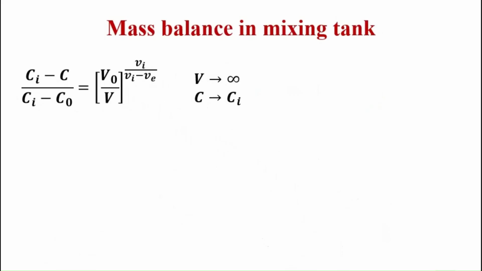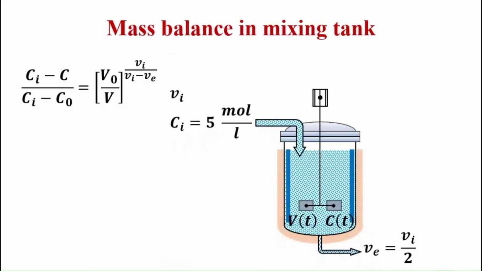However, the tank has a finite volume, and our goal is to determine the concentration at the moment it becomes full. According to the problem data, the tank is full when the volume reaches twice its initial value.